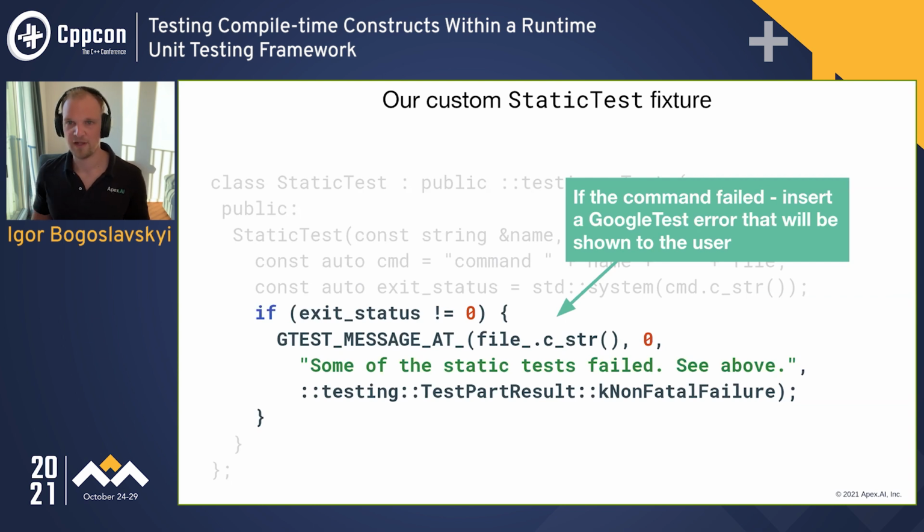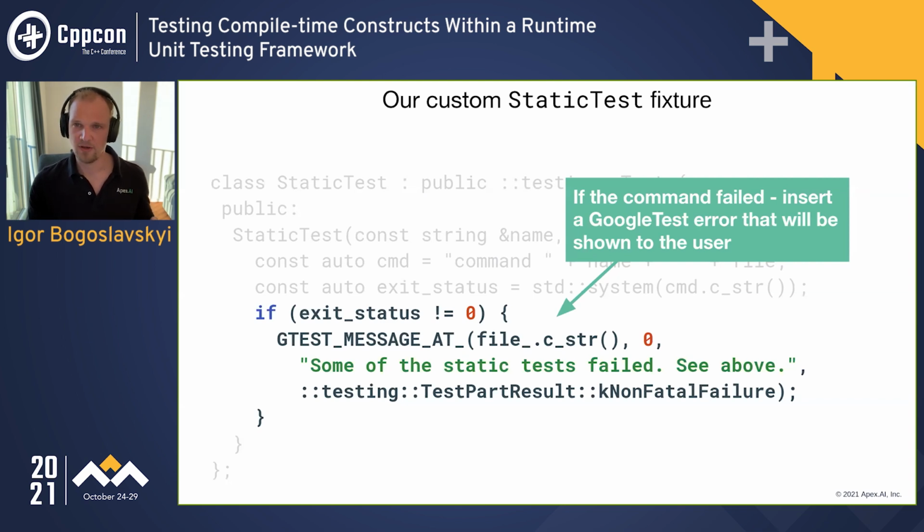And if it doesn't fail to compile something and returns a non-zero error code, we want to tell the user that it did not happen. So at this point, we just insert another error into the Google test, and we do it this way because it's in the constructor, so there is no return value, and that was just the easiest way to do that. But generally, there is no rocket science here.